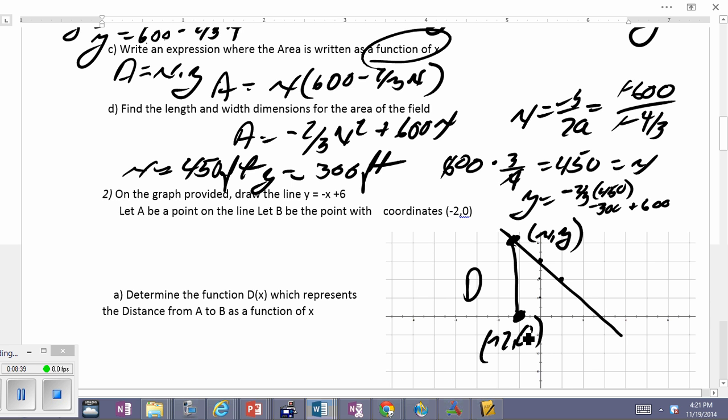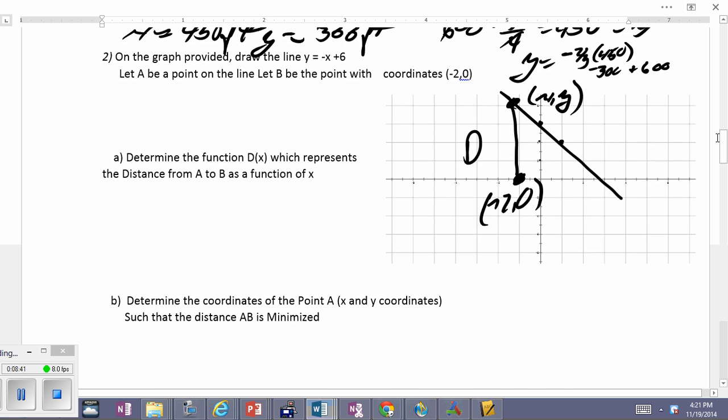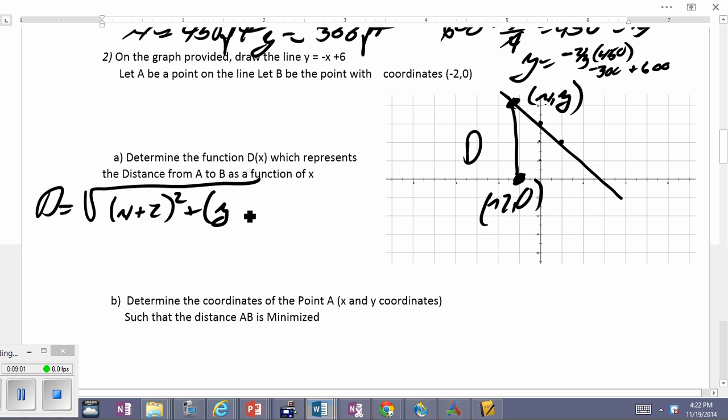So the distance, by the distance formula, is equal to the radical of x minus negative 2, that is x plus 2, squared, plus y minus 0, so it's y squared.